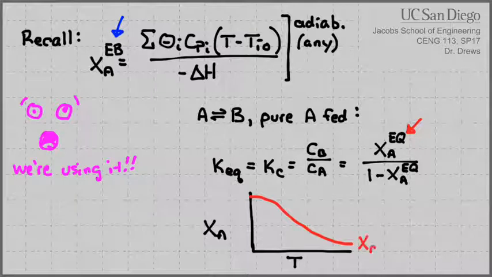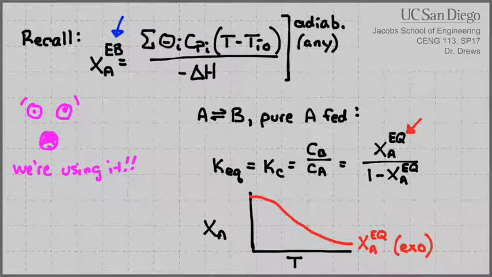So this is what X_A looks like based on equilibrium. Strictly speaking, that's for an exothermic reaction. The curve switches around if it's for an endothermic, but all the concepts still hold the same for endothermic reactions.